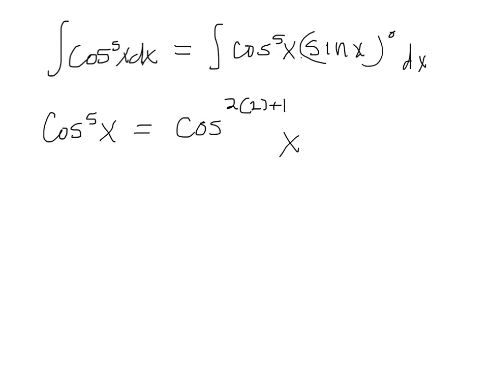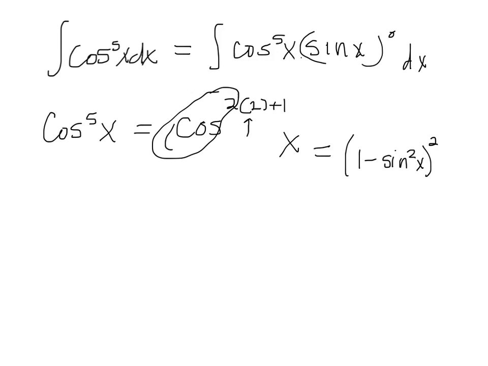So what this tells us is that for every cosine squared, the number in the parentheses tells us how many cosine squared we have. We're going to do 1 minus sine squared of x, and since we have 2 powers of those, that's going to be squared.